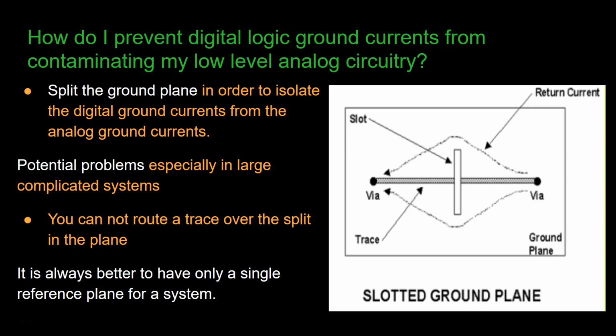If a trace does cross over the slot, then you need to ask yourself where the return path for the current goes. So remember that return current follows the smallest loop area possible. So you have to keep this in mind.